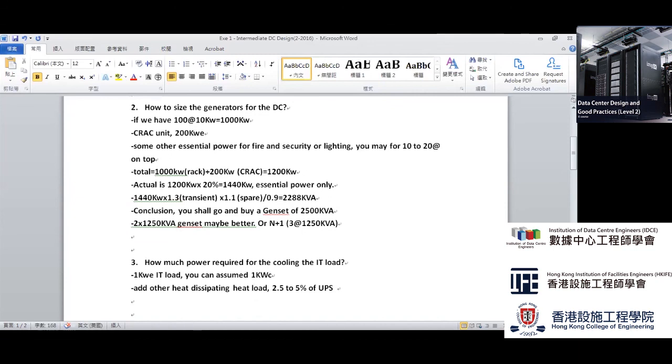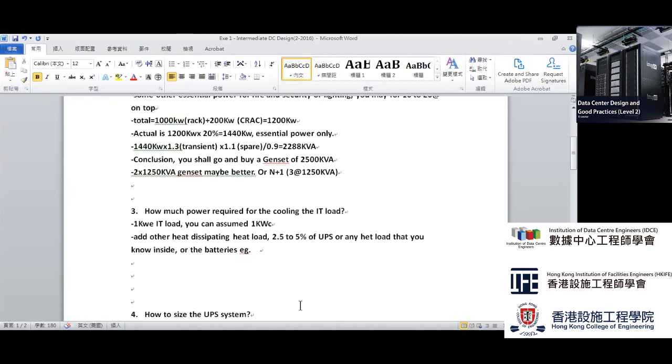Or any heat load that you know inside the server. For example, the lighting, but it's very small usually. Or the batteries, for example. Okay, but all this you can find out, right?